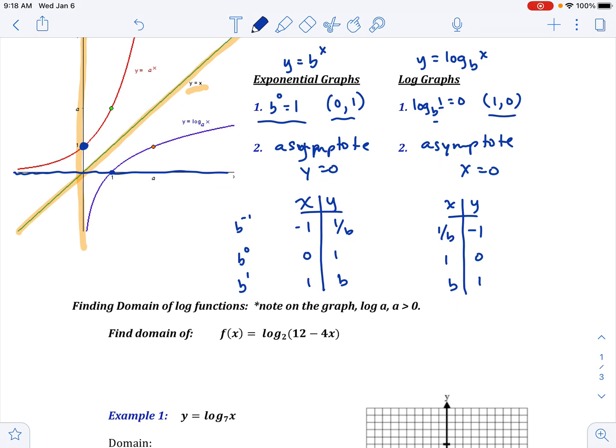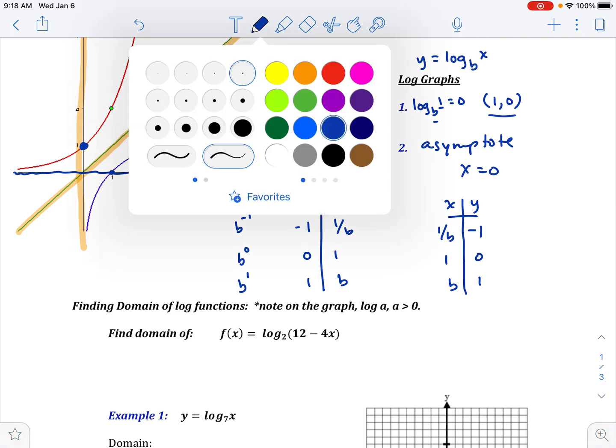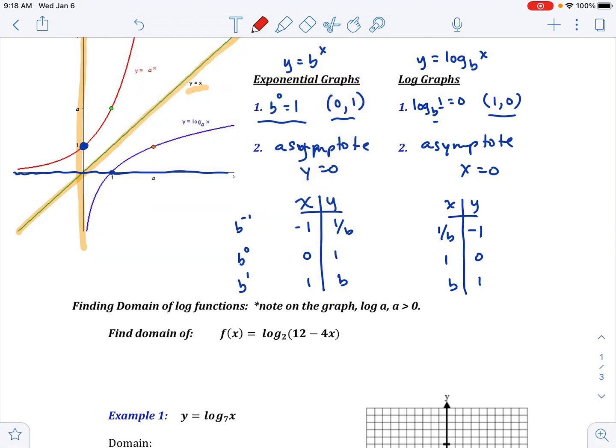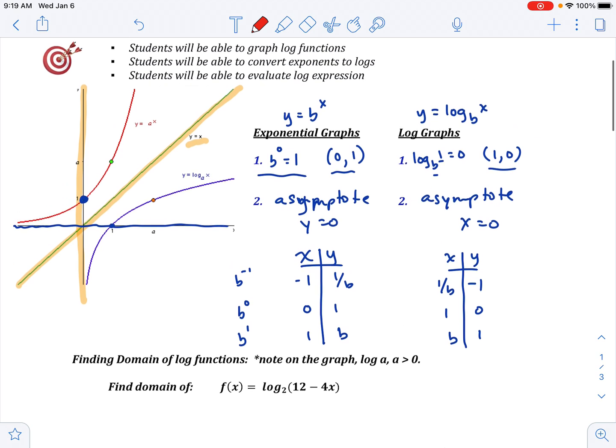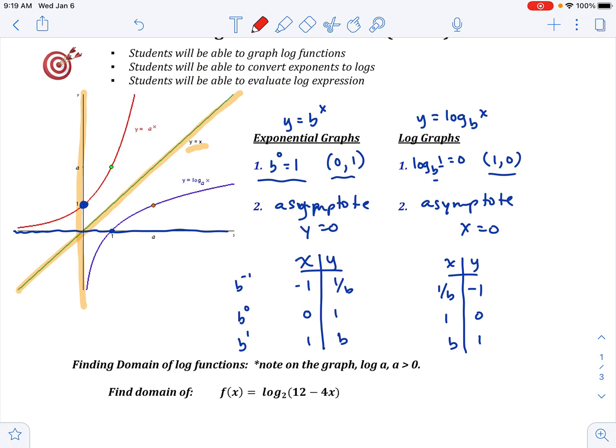So just a reminder in terms of those points and how they're going to relate to our graph. All right, also remember that when we talk about domain and range, the domain of your exponential graph becomes the range of the logarithm. The range of the exponential graph becomes the domain of the logarithm. So if you think about our exponential graph over here, we talked about the idea that because the asymptote was y equal to 0, our range was y is greater than 0, and our domain was all real numbers.